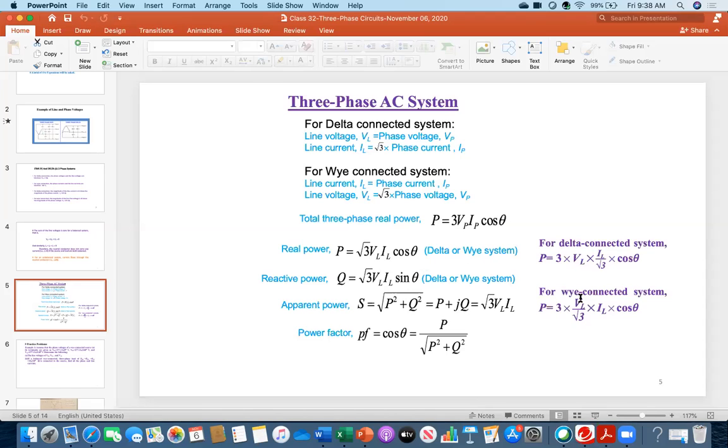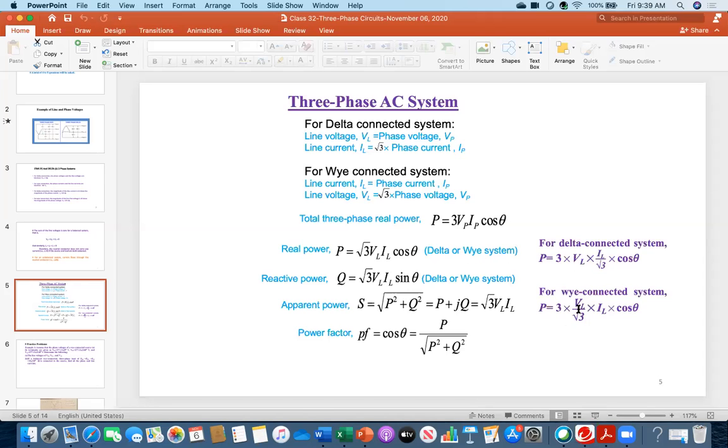Now come back to the Y connected system. If it is a Y connected system, again you replace these two quantities VP IP, expressing them in terms of line quantities. What is the relationship for the Y connected system? IL equals IP. You replace IP by IL. How can you replace VP? VP is VL over root 3.